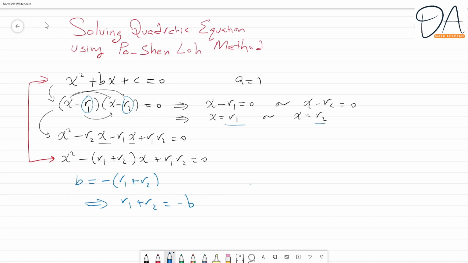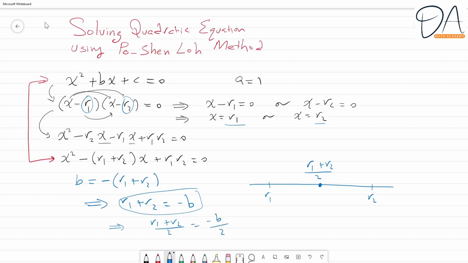If we draw the real line and we say that this is r1 and this is r2, and this is their sum, I can get their average, which will be the midpoint between them. So this is the midpoint here, which is r1 plus r2 divided by 2. From what we get here, I can easily get this midpoint. You can see that the midpoint is simply equal to minus b over 2.